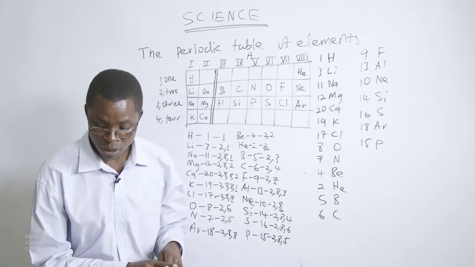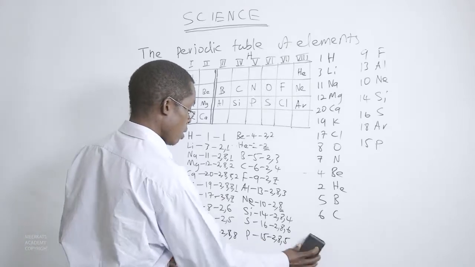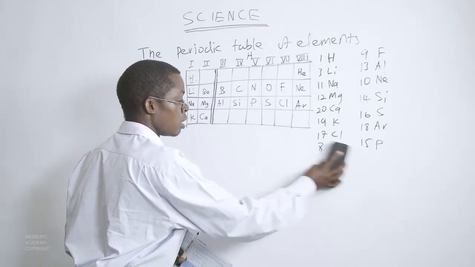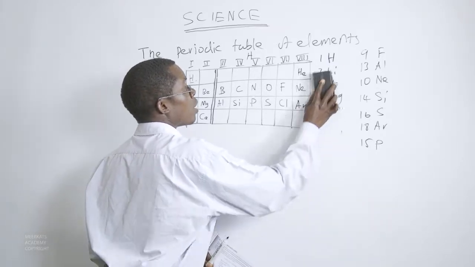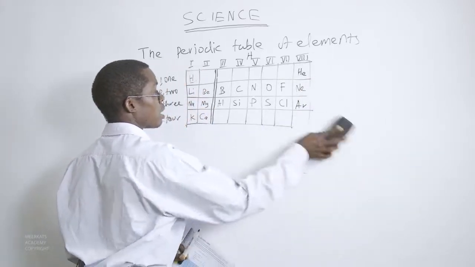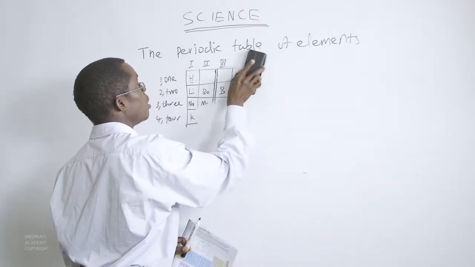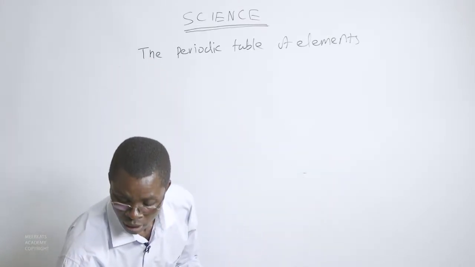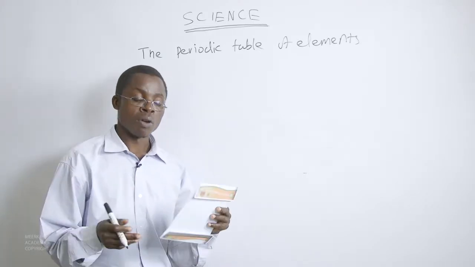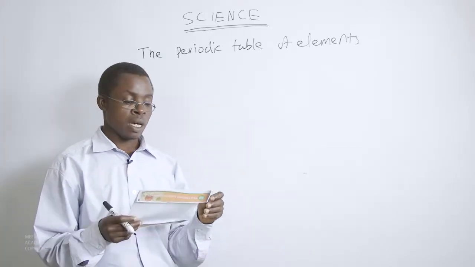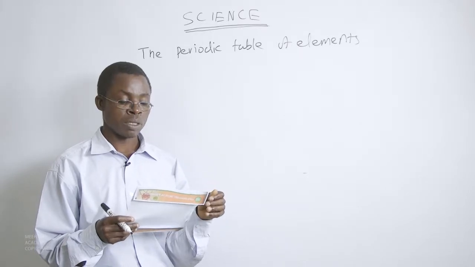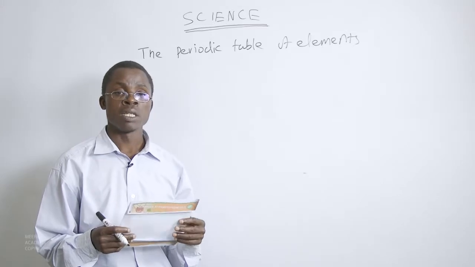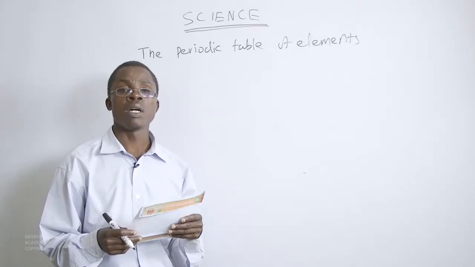Remember, we learned in our previous lessons that we have about 118 elements, and out of the 118, we have 92 that can be found at any single moment one may wish. But the others have a short lifespan, what we call half-life, so they occur at very limited times. But they are there, giving us a total of around 118 elements, with 92 active ones that can be found everywhere.